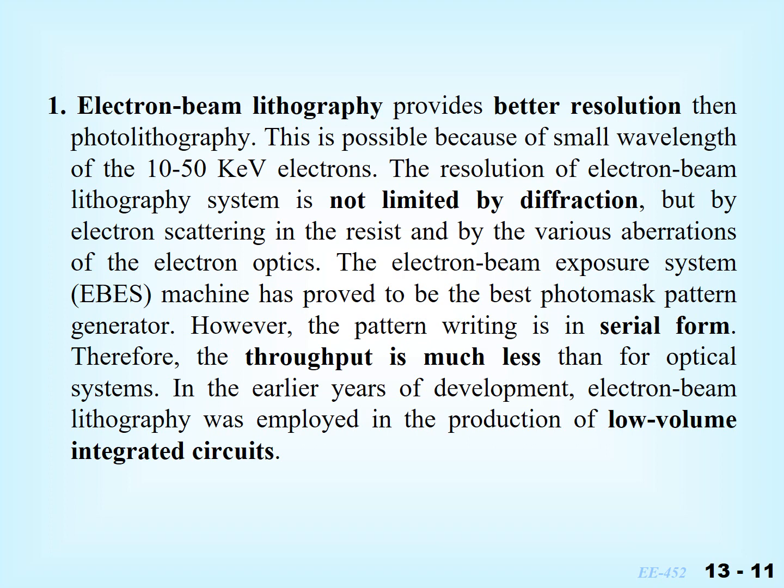When we try to project very fine details onto the IC chip, photolithography may not be able to do it, so we have to use an alternate method. One of these is electron beam lithography, where a very small wavelength corresponding to electrons having energy of 10 to 50 kilo electron volt is used for exposure. The photoresist will be reactive to the electron beam only.